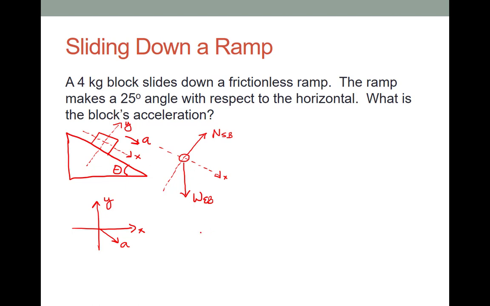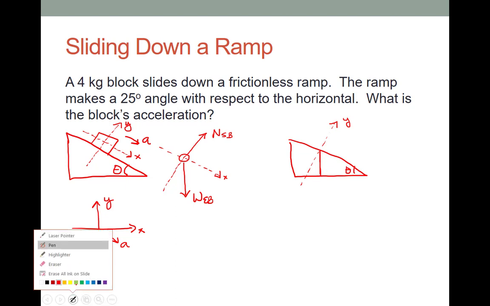I'm going to draw another picture. Here's the ramp. The x-axis is parallel to the surface, y-axis is perpendicular to it. Here's the angle theta. I'm now going to drop a line here. This line points straight down and would be parallel to our gravitational force. We have a triangle.